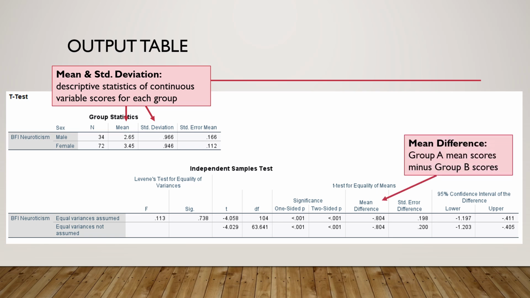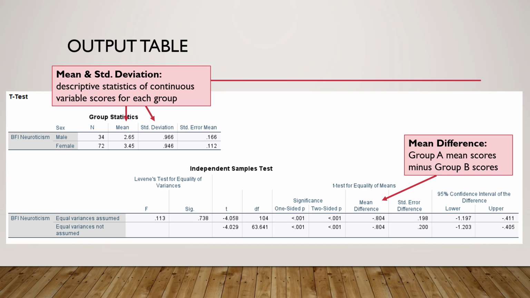You would also see in this bottom, this actual t-test table, that it has a mean difference column. This is where you see the subtraction of group A and group B. So the 2.65 and the 3.45, those have a difference of 0.8. And you'll see here that it's the first group minus the second group.